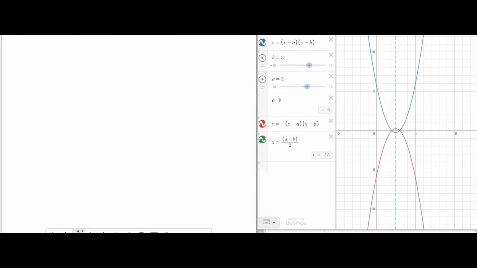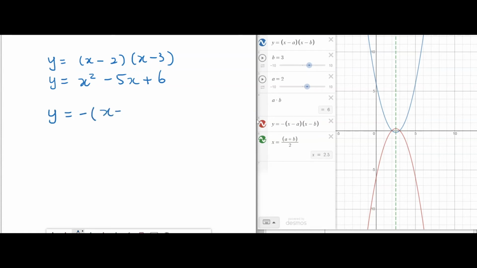Essentially, this y equals (x minus 2) multiplied with (x minus 3). If we expand this expression on the right, we get y equals x squared minus 5x plus 6. For the negative situation, we have a negative outside of the (x minus 2) multiplied with (x minus 3), and that will give us this step.